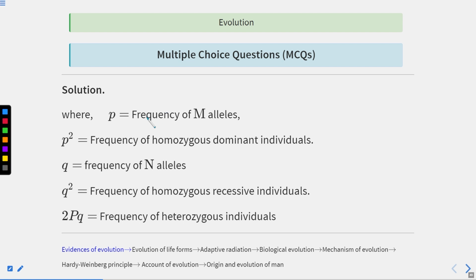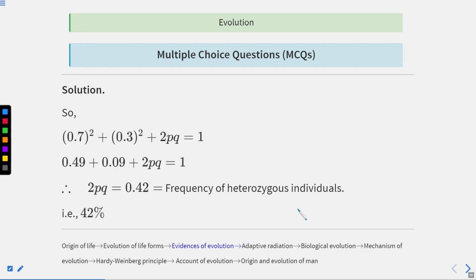Here p is the frequency of the M allele, and p square is the frequency of homozygous dominant individuals. q is the frequency of the N allele, q square is the frequency of homozygous recessive individuals, and 2pq is the frequency of heterozygous individuals.